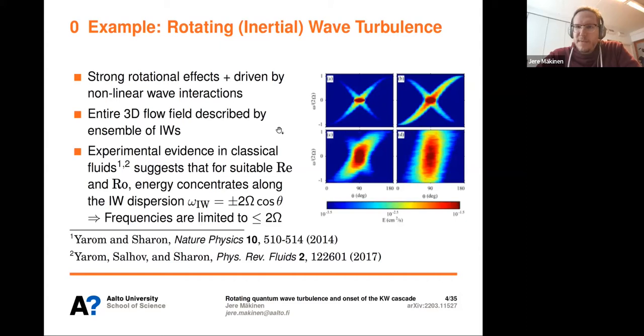And there's this nice picture from a study on classical fluids where, as a function of increasing Rossby number, from the lowest Rossby numbers in this direction to the highest Rossby number, the energy contained in the flow field gets more and more concentrated on the inertial wave dispersion relation, as you can see by the highlighted color here. Inertial waves have a very distinct dispersion relation. They essentially are limited to below twice the rotation velocity.